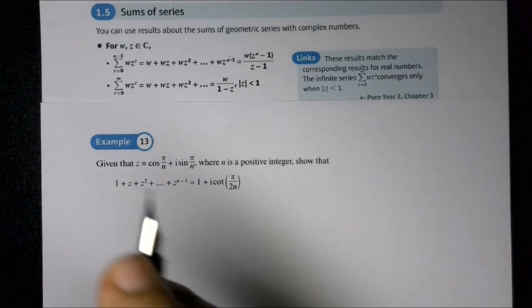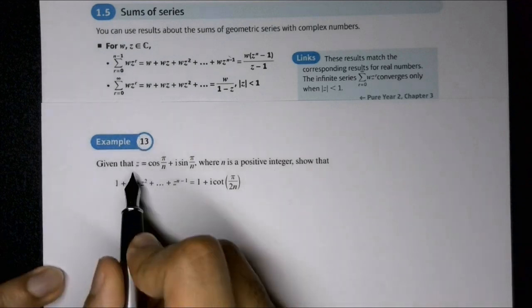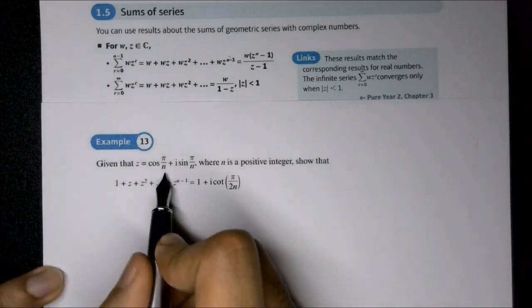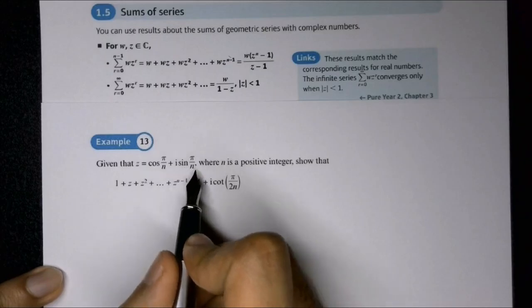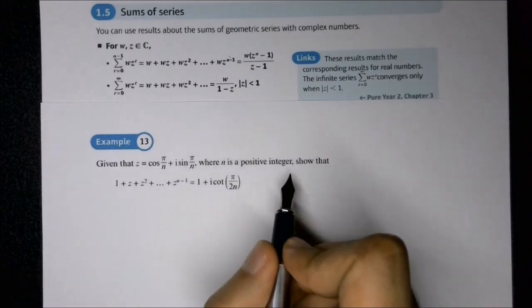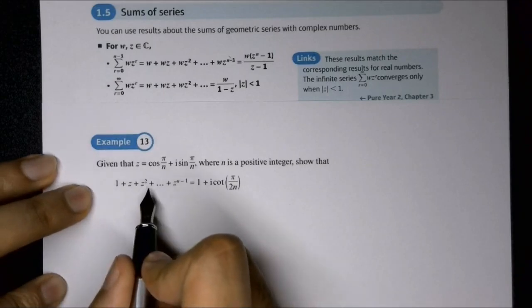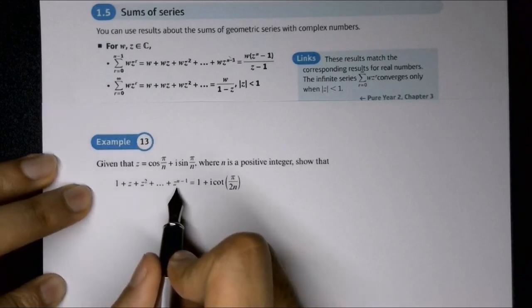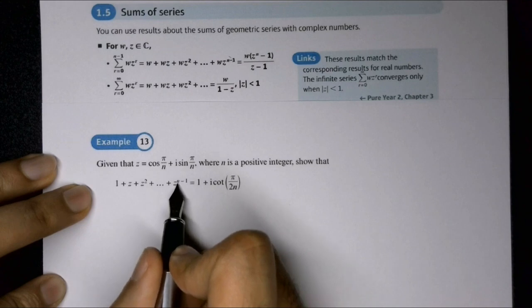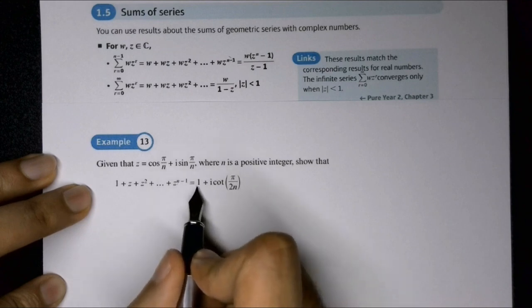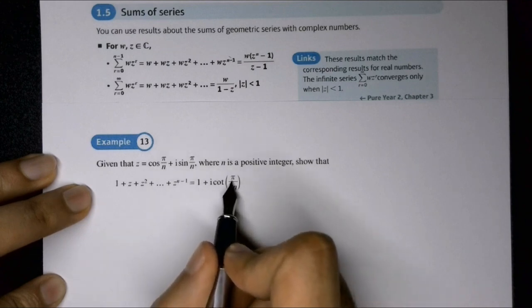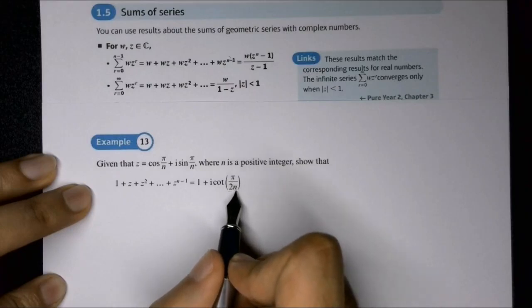Example number 13. We're given that z is equal to cos of pi over n plus i sine of pi over n, where n is a positive integer, and we have to show that 1 plus z squared plus terms up until z to the n minus 1 is equal to 1 plus i cot of pi over 2n.